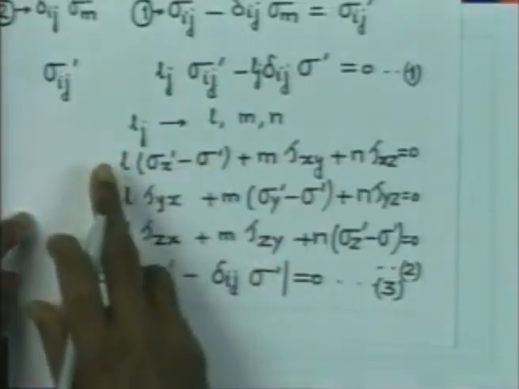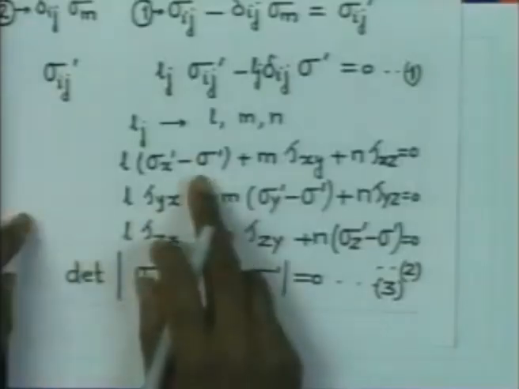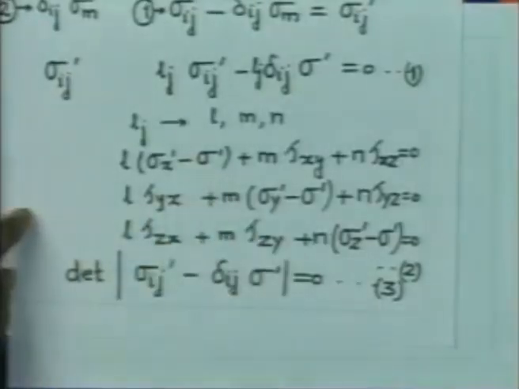You can extract the roots L, M and N from these equations to get the corresponding direction cosines, and it can be repeated for sigma 2 dash and sigma 3 dash. So, this is the way how you can solve for the principal directions starting from the deviatoric part of the stress components.